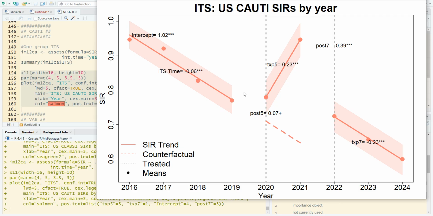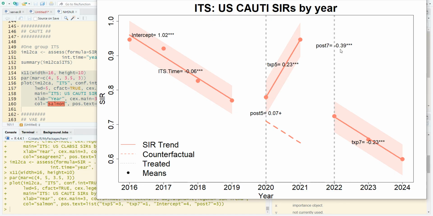It was going down, but it went up more than it went downward in the baseline. So it has a positive value for the coefficient, TXP5 equals 0.23. It's significant. This level is actually not in the graph, but that dashed line should be going upward above the graph, probably around where that R is in year.